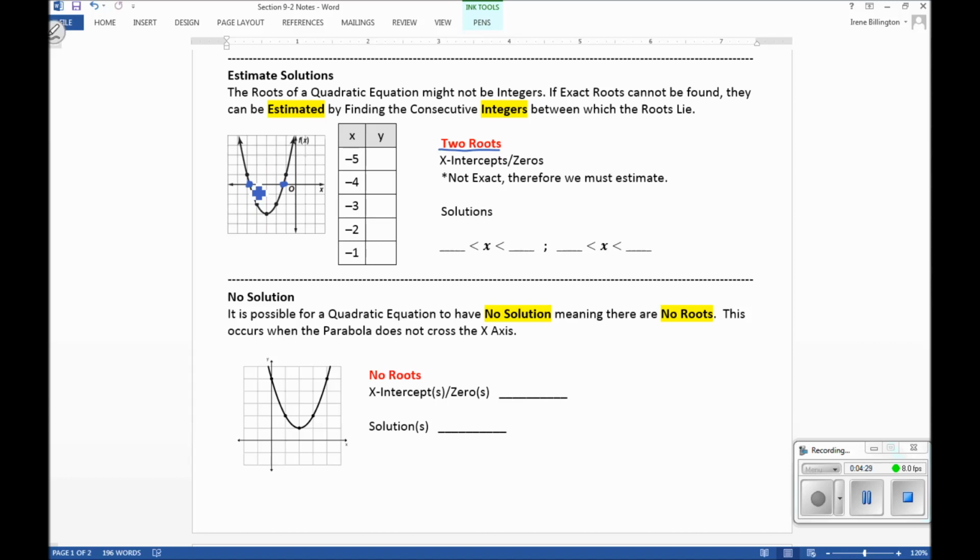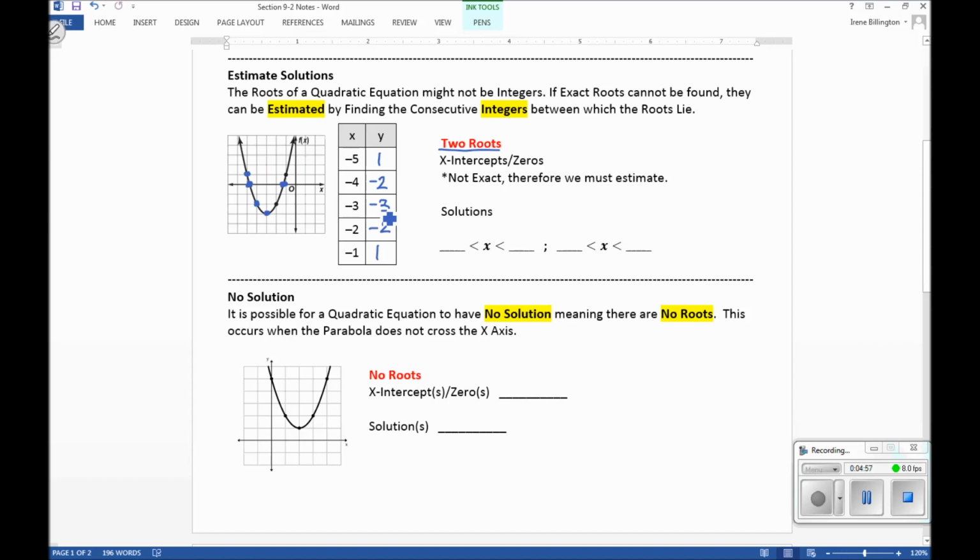If I fill in this table here, when x is -5, y is 1, which means when x is -1, y is also 1. When x is -4, y is -2, which means when x is -2, y is -2. And when x is -3, y is also -3.